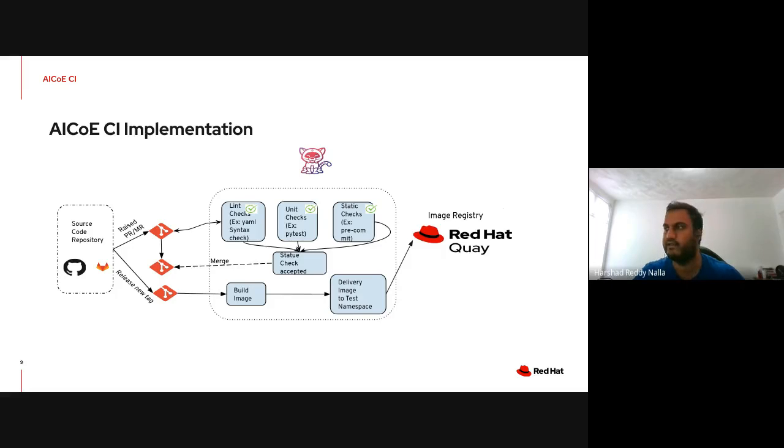And when you release it, as I said, it will build the image and push it to a container registry for us, which is Red Hat AICoE. And then from there, we also have another step, which updates the manifest repository from where Argo CD will take it in. So this is the flow we created.